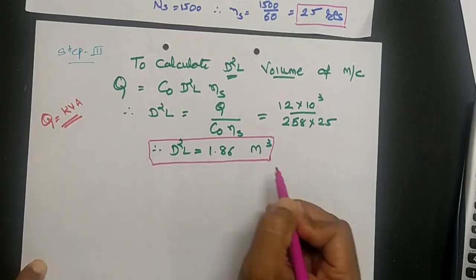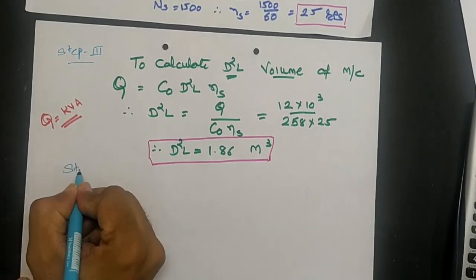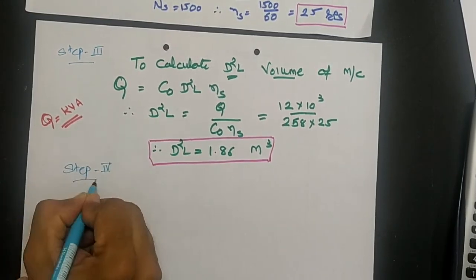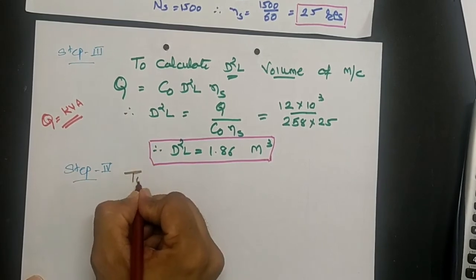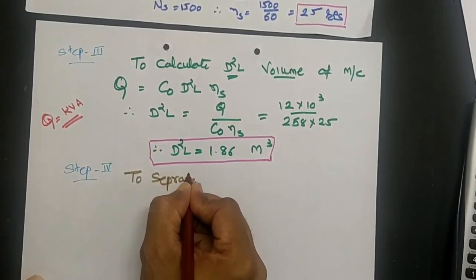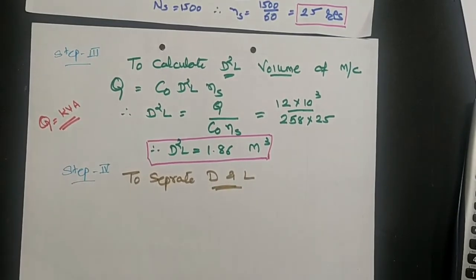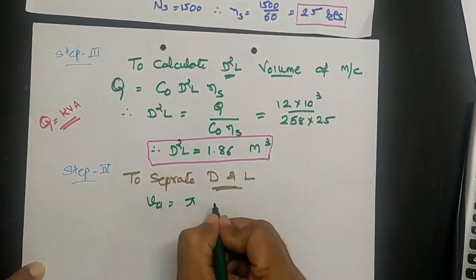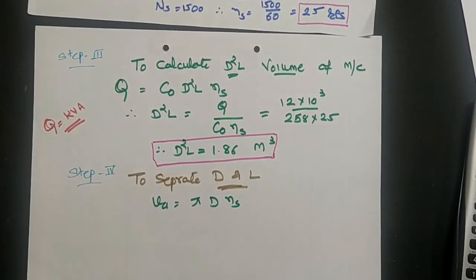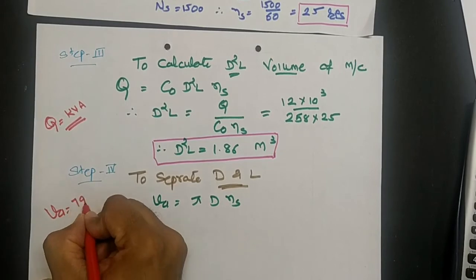Now let us proceed to step number 4, that is to separate D and L. We have d square L, but to separate D and L we have to consider peripheral speed. Peripheral speed VA is pi D ns, and it is given as 79 meter per second.